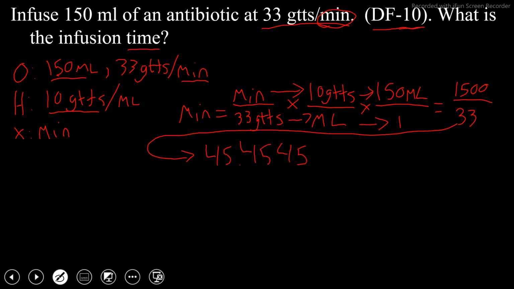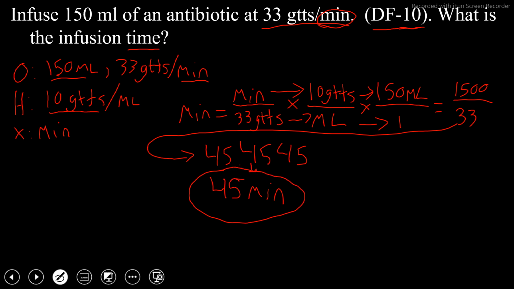So we're going to go ahead and round this 4 down because it's below 5, and we will get 45 minutes. That's how long it will take for that 150 mL at a drop rate of 33 drops per minute to infuse.